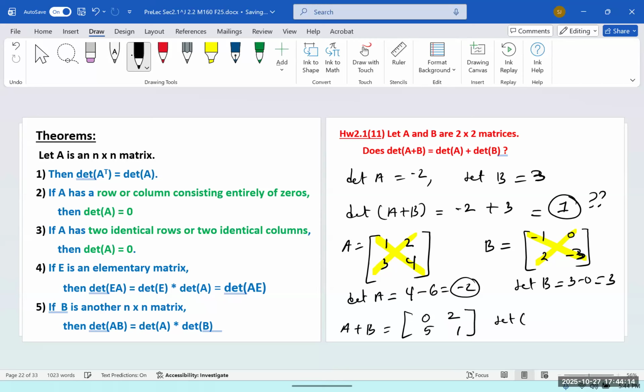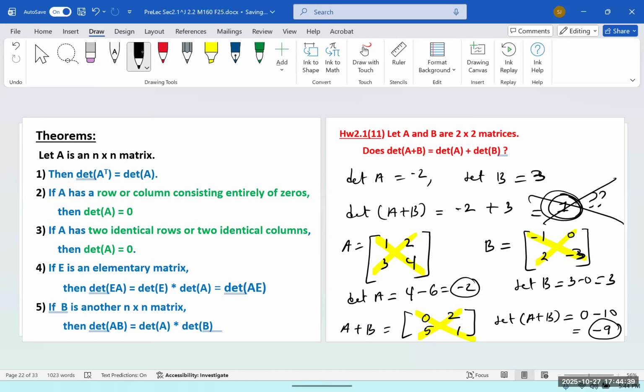So what's the determinant of A plus B? Right minus left. 0 minus 10, which is -9. So is this true? The determinant of A plus B is -9? No, right?